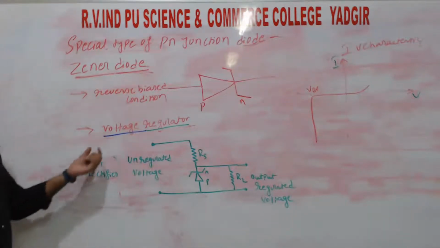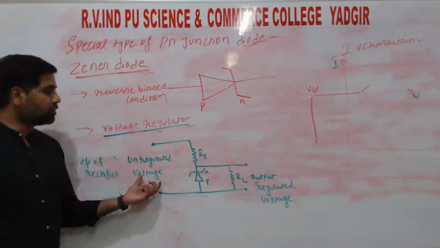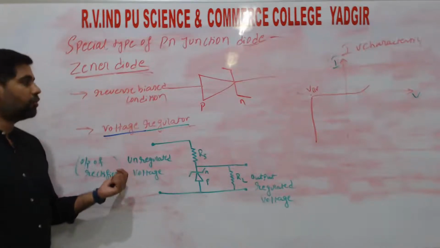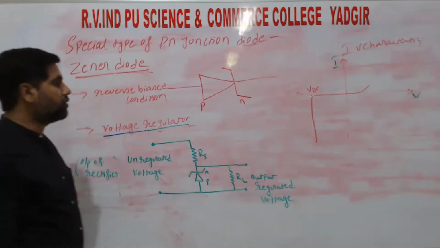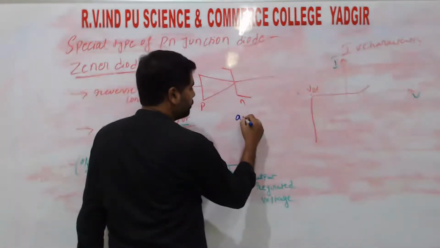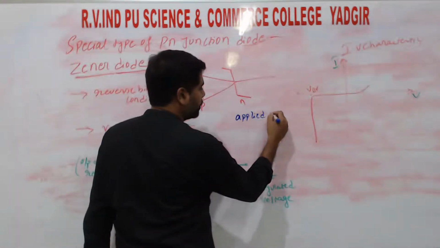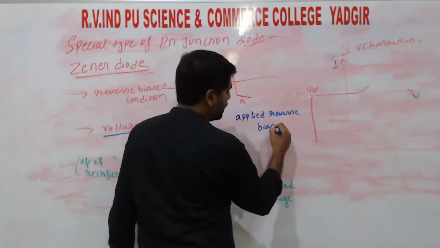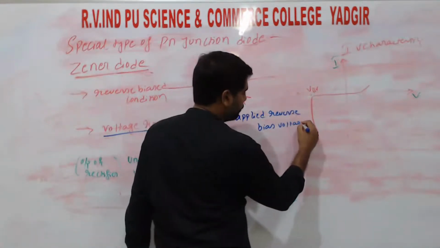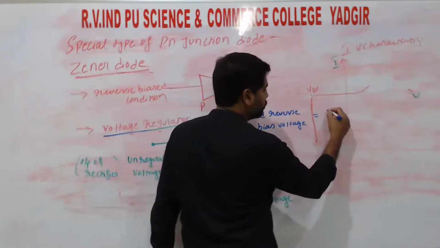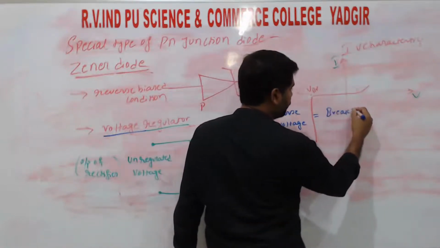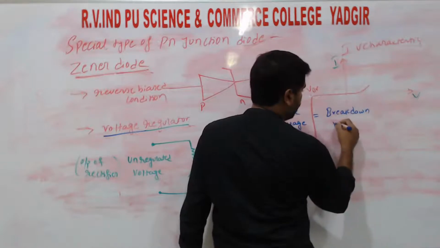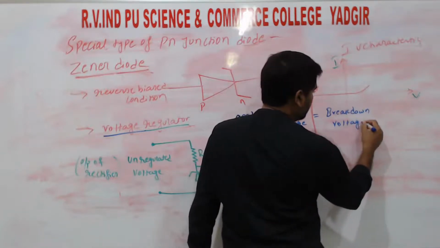So what happens in the voltage regulator? It works under the principle, as already said, that when the applied reverse bias voltage is equal to the breakdown voltage, right?